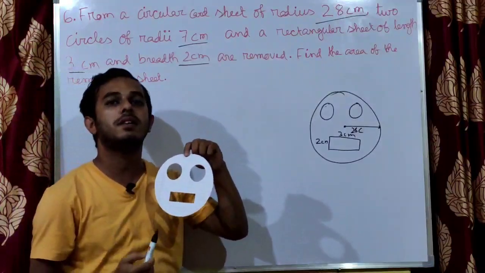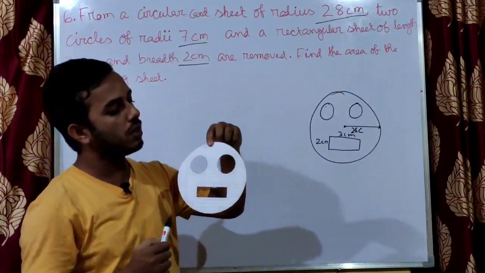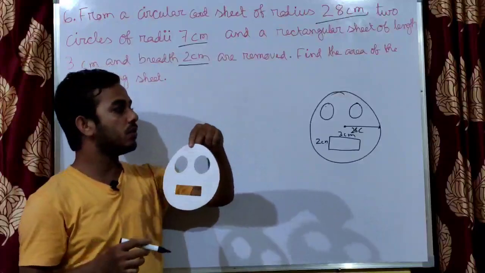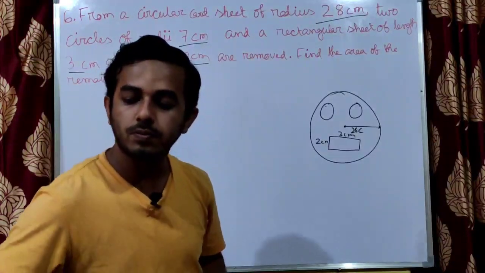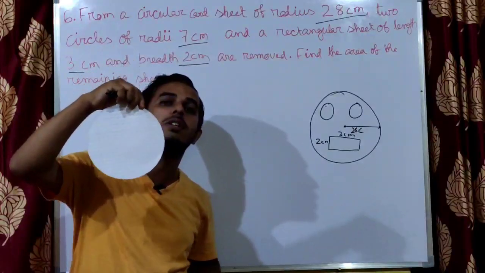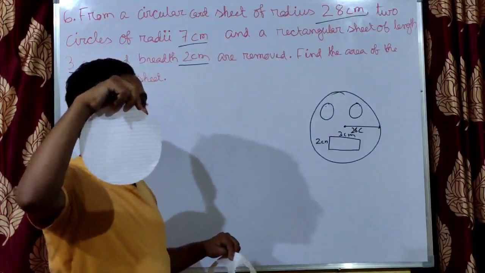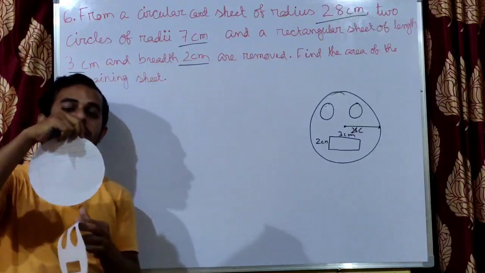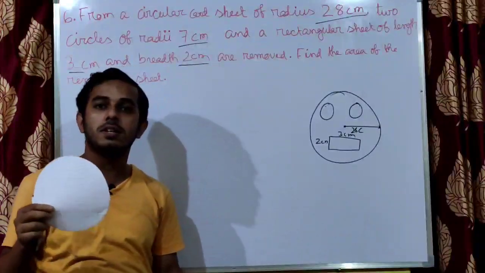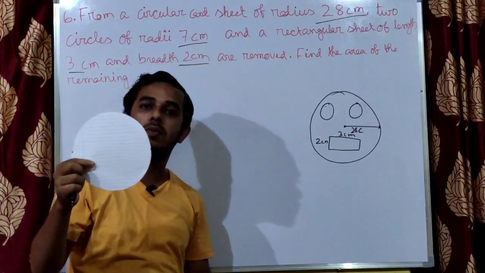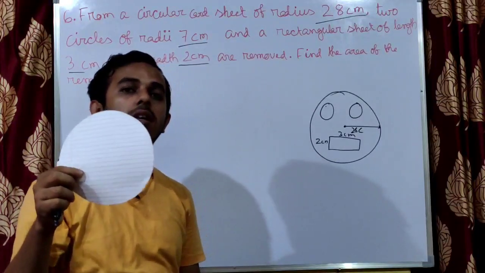So how can we find the area of the remaining portion? First of all, look. If we find the area of the whole sheet, can we find it? Yes, we can, because here the radius is given, 28 centimeter. With the radius, can we find the area of the circle, the area of the sheet? Yes.